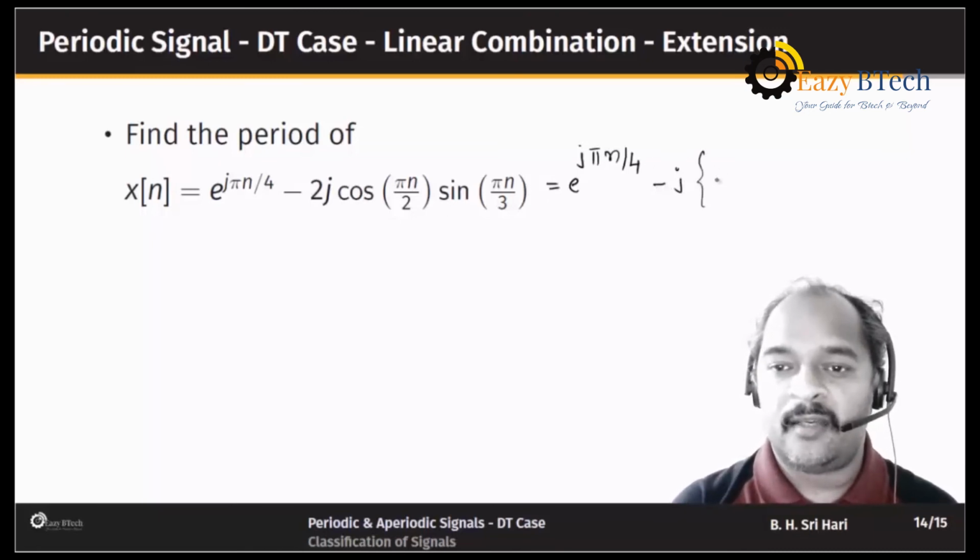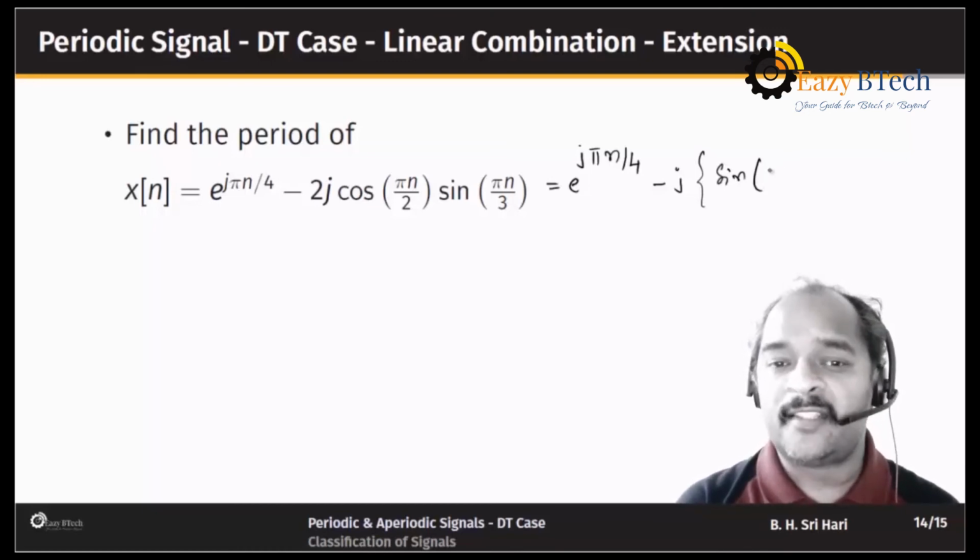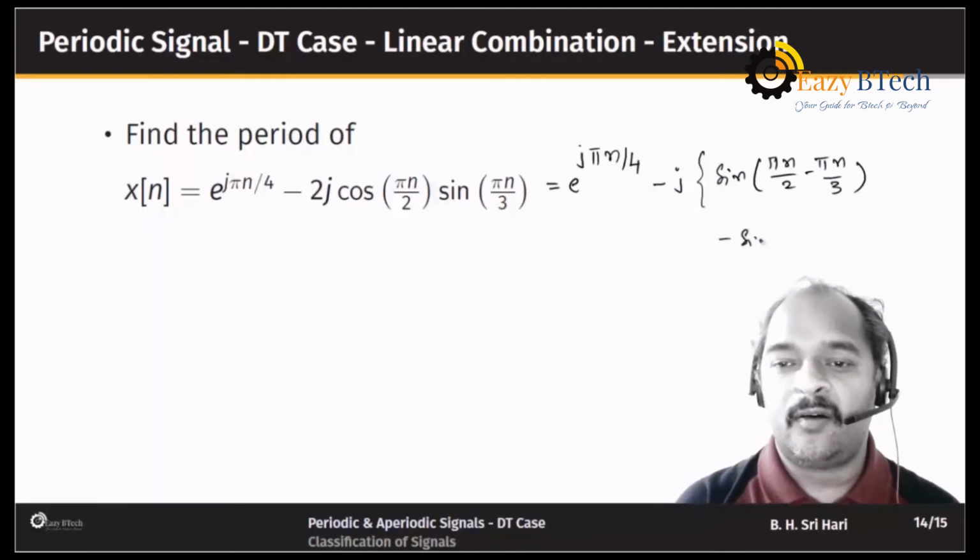So that is nothing but sine of A plus B, or we'll say sine of A minus B, sine(pi n by 2 minus pi n by 3), minus sine of A plus B, which is nothing but sine(pi n by 2 plus pi n by 3).